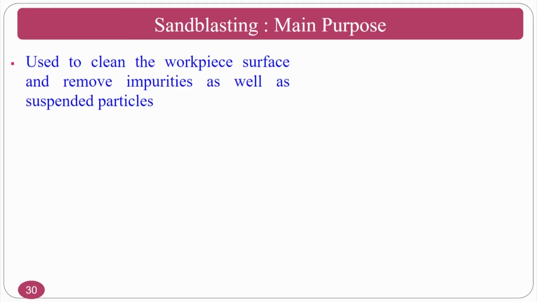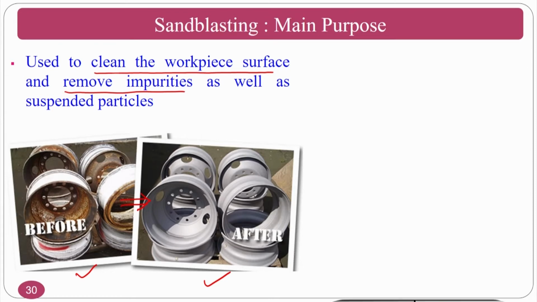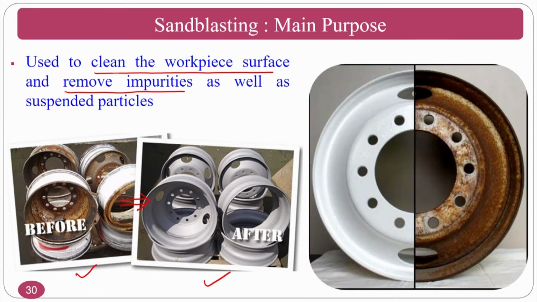The main purpose of sandblasting is to clean the workpieces and also remove impurities and suspended particles. You can see here the rims of vehicles before and after. See how perfectly it is cleaned, so that you can reuse it by painting it again and again. Clearly you can see the difference between before and after.